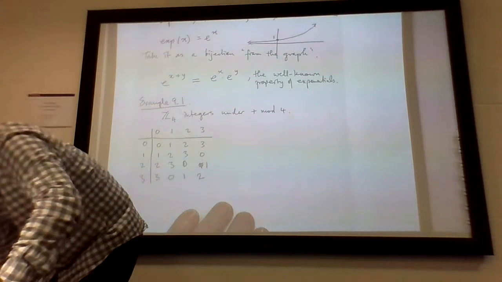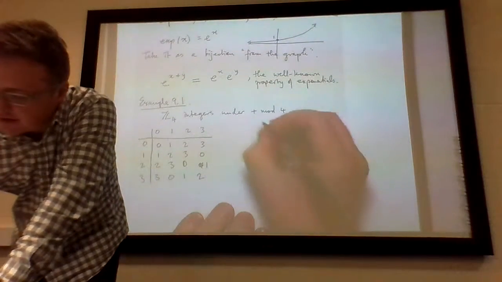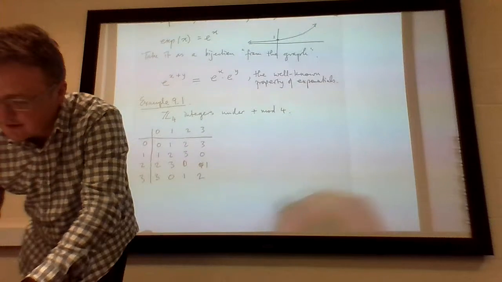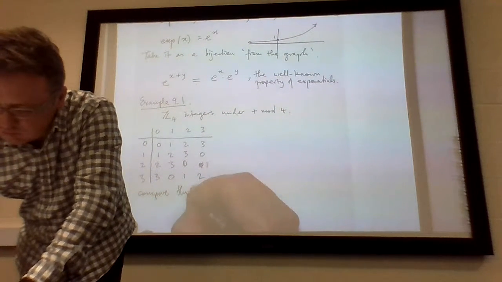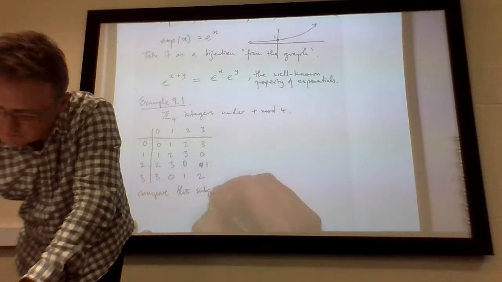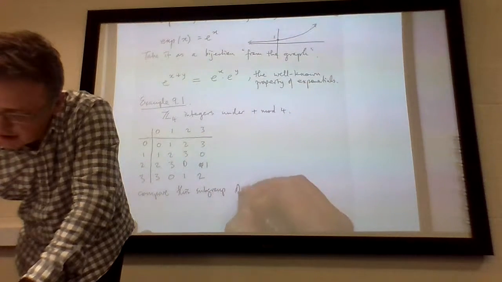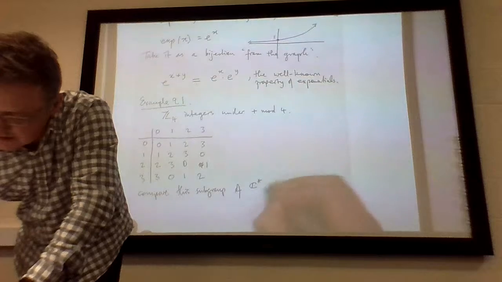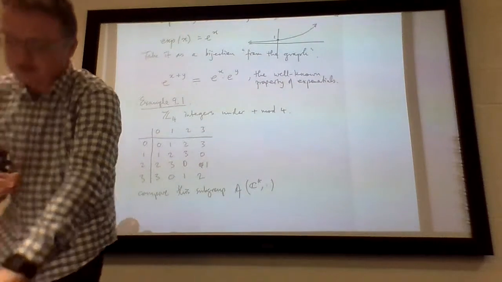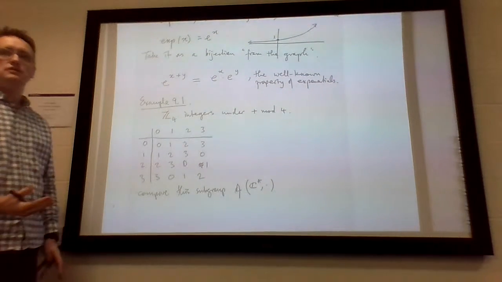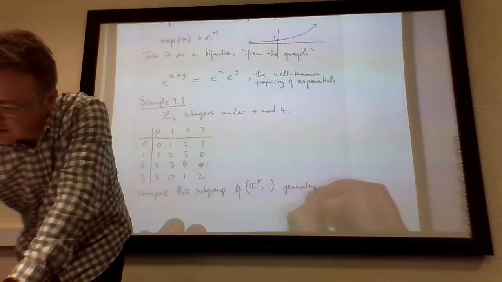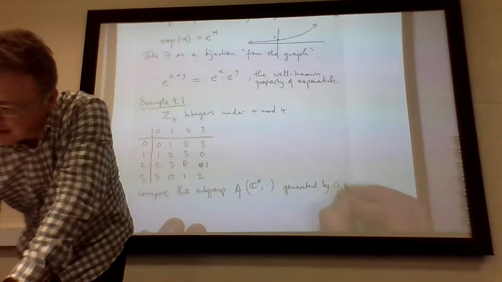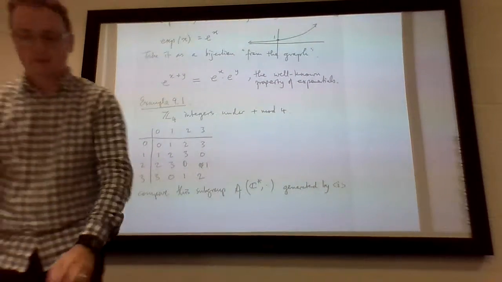The other group is the subgroup of C star, the non-zero complex numbers under multiplication, generated by i, the imaginary unit.